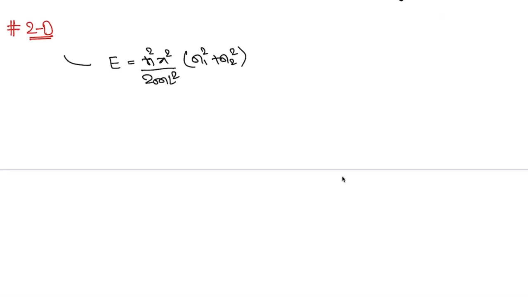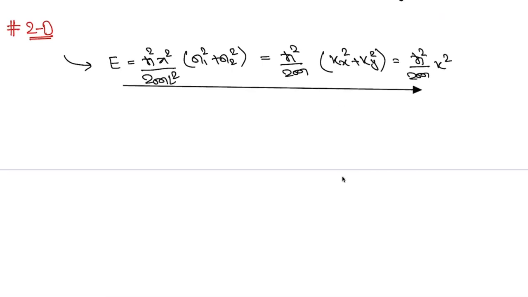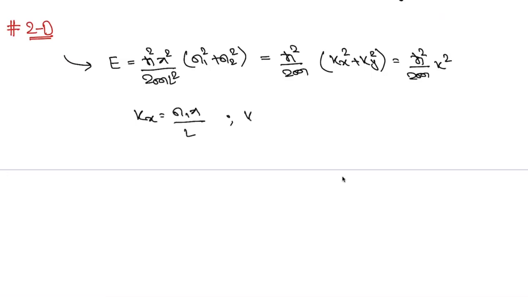I am assuming that you know this formula, right? You have studied the particle in a box and all the earlier topics. So again what will we assume, h square by 2m, kx square plus ky square, and we can assume kx square plus ky square again as k square. Okay. So again this relation will become exactly the same as the previous, but here kx is n1 pi by L, and ky is n2 pi by L, and kx square plus ky square is equal to k square. This is what we are taking, right?